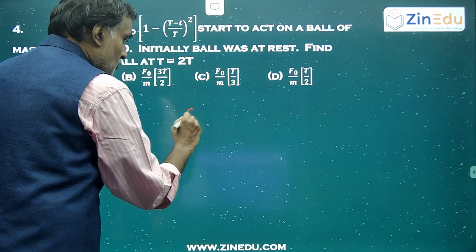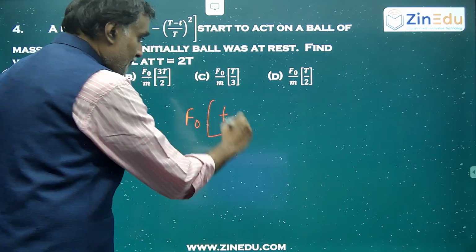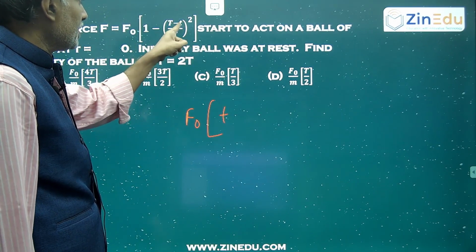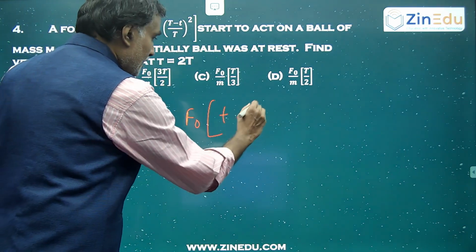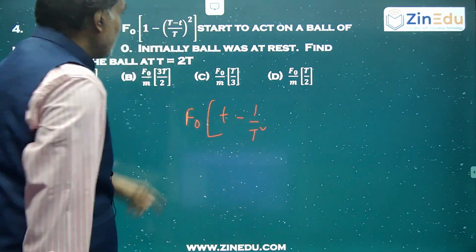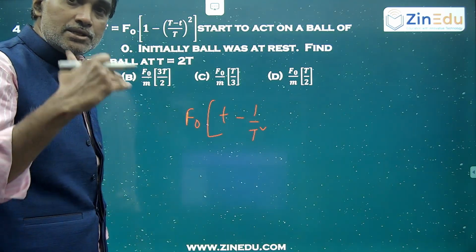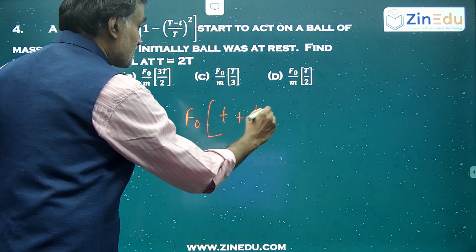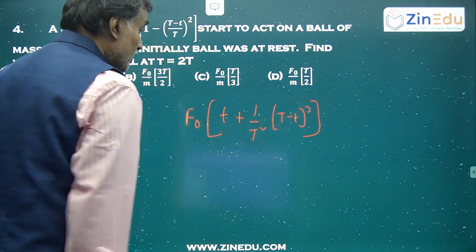Integrate this force, what do you get? F naught into, integrating the first term I will get t, second term minus t by T whole, integrate that, minus t whole cube by 3. 1 by T square you can take outside anyhow. Minus t integrate, minus t whole square. What do you get? Minus t whole cube by 3. The minus sign, so it will become plus. You have to integrate this from 0 to 2T.